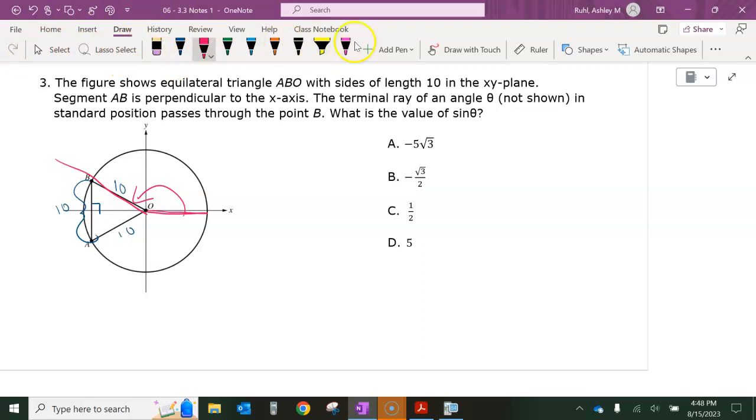And it wants to know what is the value of sine right there, okay? So if that's what I have, what I need to do is figure out this triangle that I've got right here to figure out my information. So this triangle right here is what I'm looking at. The reason I'm looking at this information right here is because if I can figure out what I have here, it's going to correspond with my sine for this.